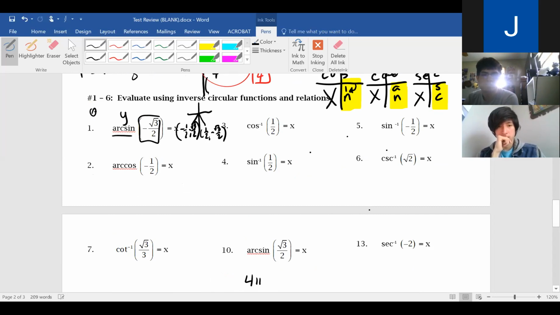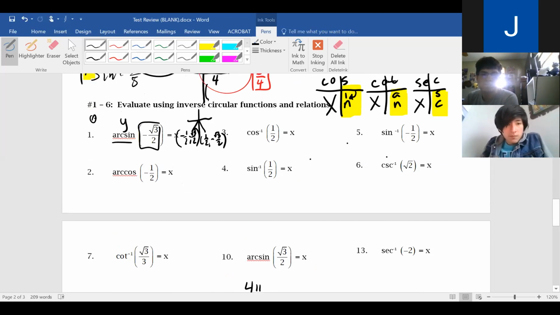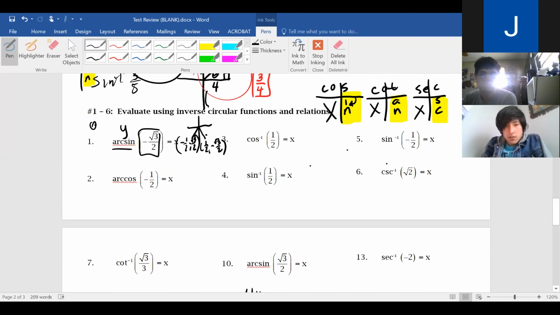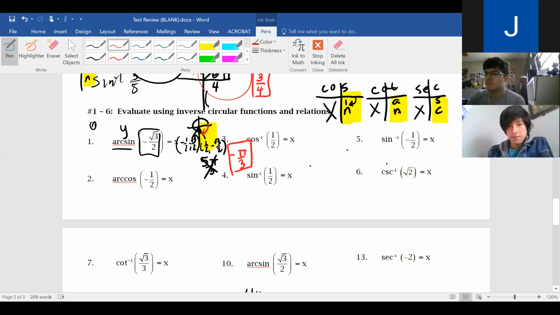So sine inverse only exists in quadrants 1 and 4. So this is the answer we want down here, but we can't give our answer as 5 pi over 3 because you can't go this way to get to that line. You have to go backwards with it. So that's where the answer of negative pi over 3 comes in for your answer. Right. So basically, it's only going to happen for a sine function that ends in quadrant 4, a cotangent that ends in quadrant 4, or a cosecant that ends in quadrant 4.